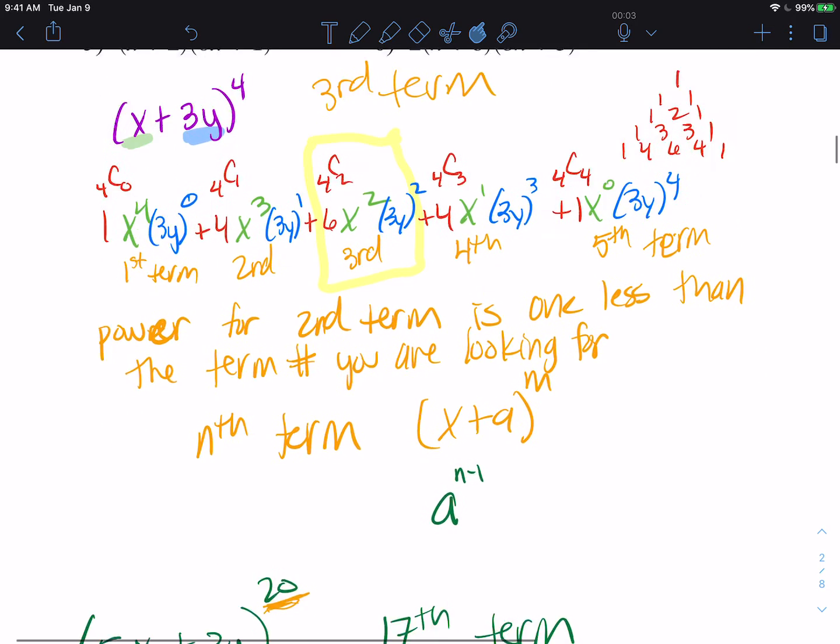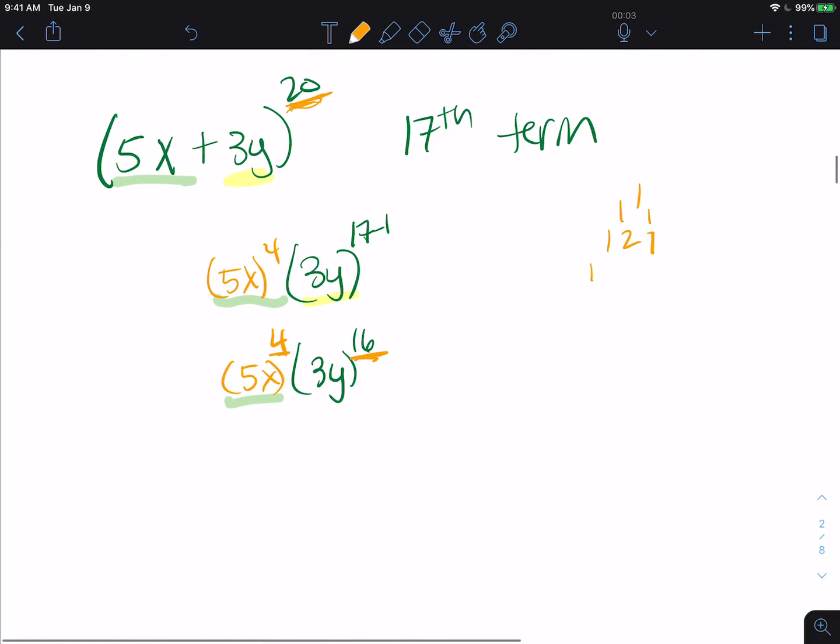So since it's 20, I'm going to do 20 choose 16. If I do 20 choose 16 on the calculator, remember it's under math and then probability, you get 4,845.